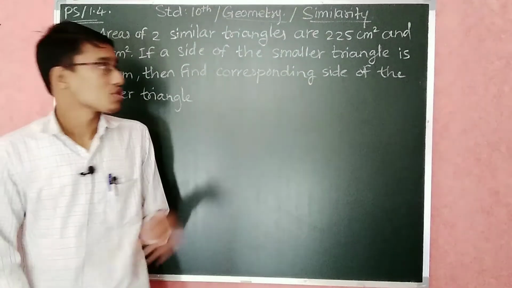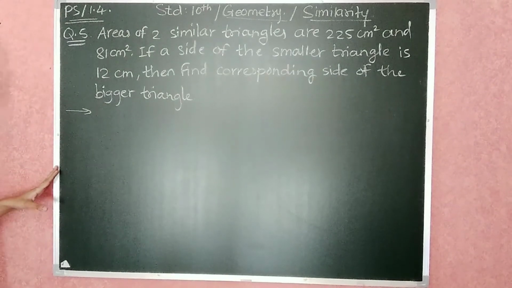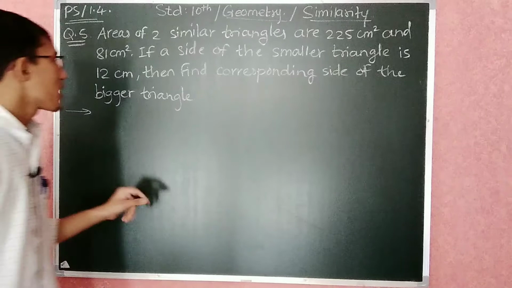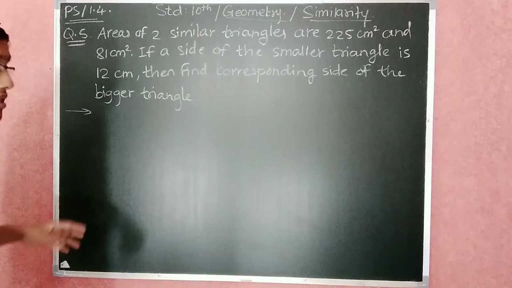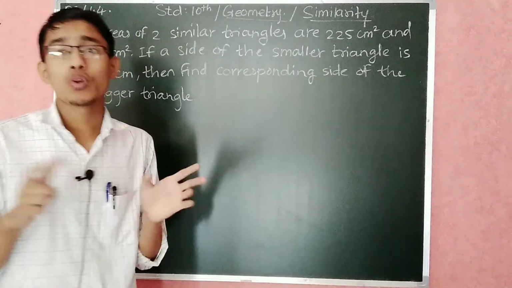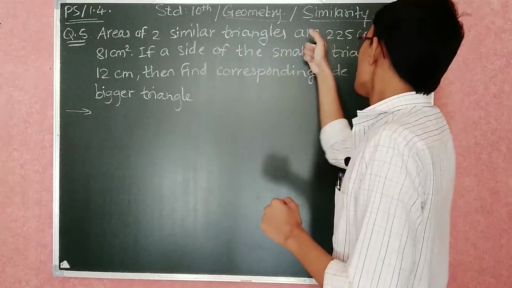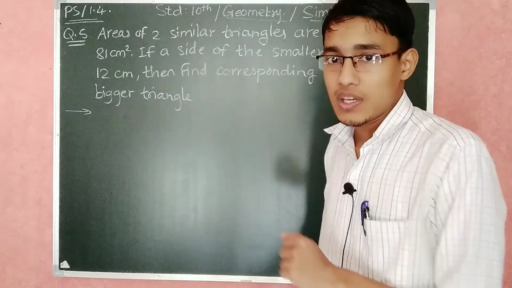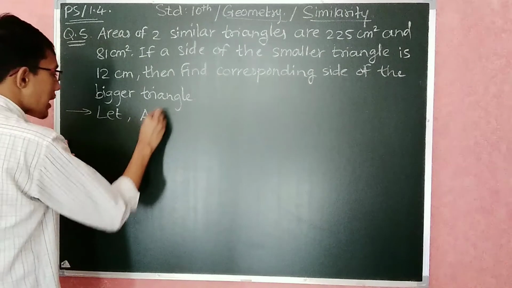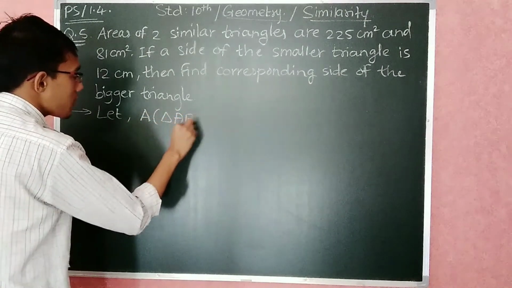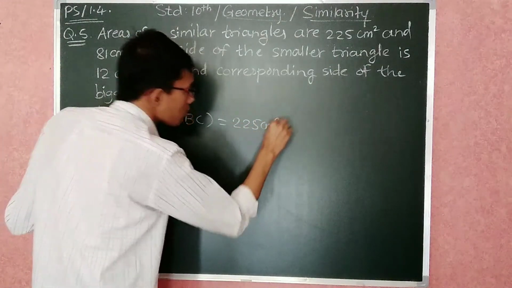So now we will see question number 5. What is the question? Areas of two similar triangles are 225 centimeter square and 81 centimeter square. So again there are two triangles and the areas of the two triangles are given. Both the triangles are similar to each other. So area of the first triangle is 225 centimeter square. Let area of triangle ABC be 225 centimeter square.